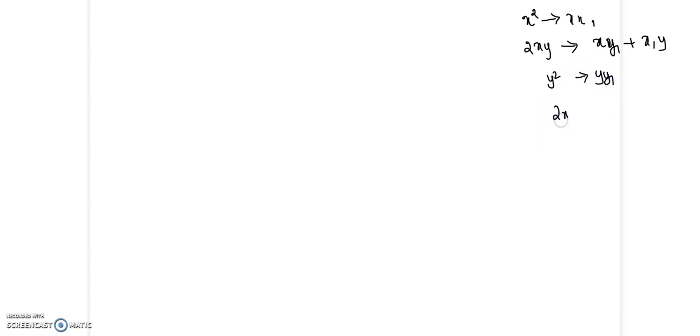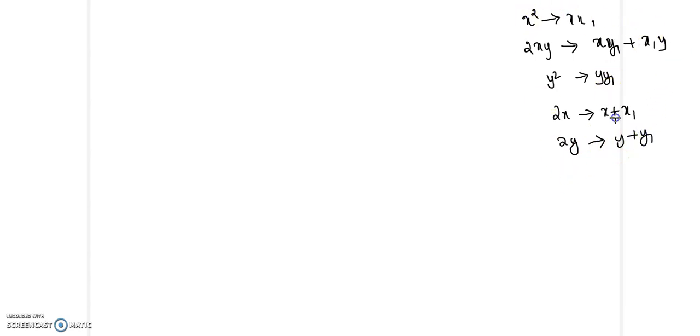We can write the equation of the tangent to the conic easily. So we are actually using these changes: wherever x square is there, change it to x x1, and wherever 2xy is there, change it to xy1 plus x1y. Similarly y square changes to y y1, 2x becomes x plus x1 and 2y becomes y plus y1.